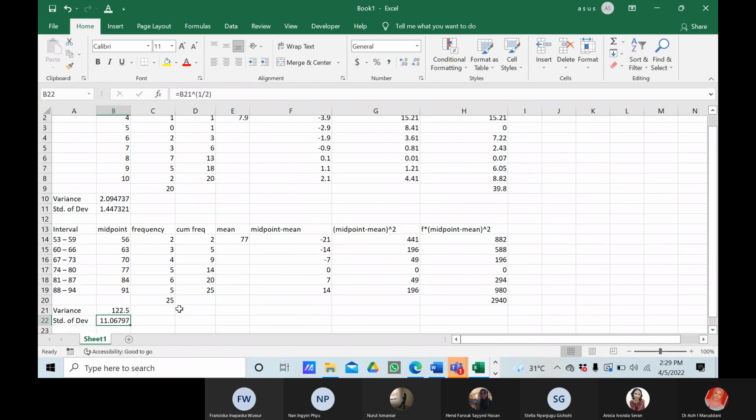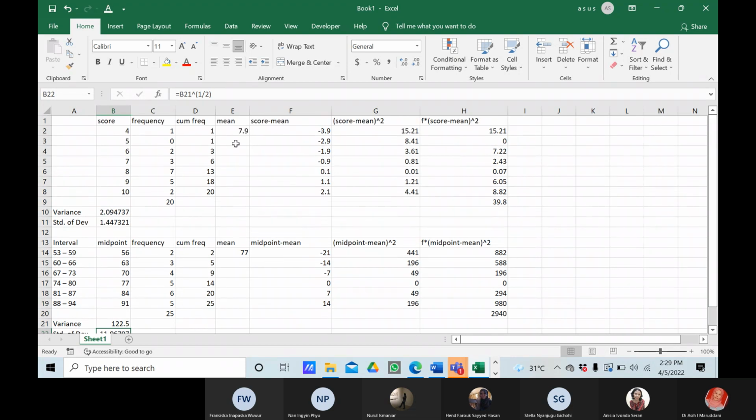We get 11.06797. Okay, I think by comparing these two tables, we can show the difference between the frequency distribution presented with single data, and the distribution presented by interval data.